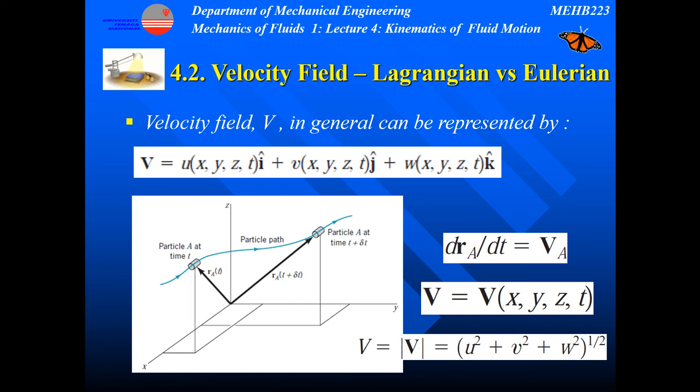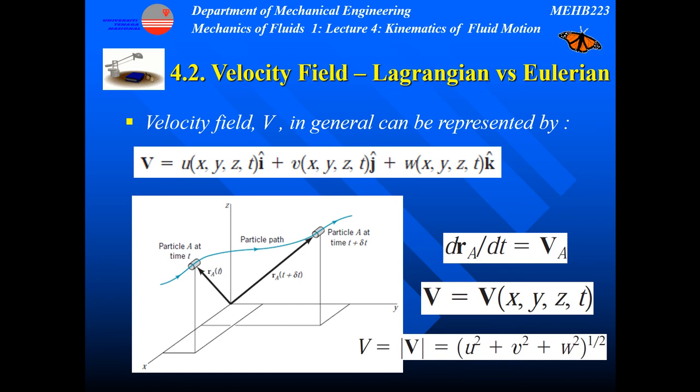As you can see here, the field representation is basically the representation of the fluid parameters as a function of the coordinates. The field representation of the velocity is given on the slide, where u, v, and w are the x, y, and z components of the velocity vector.